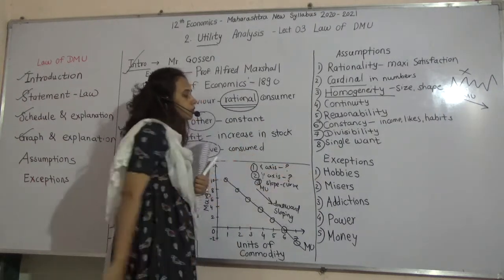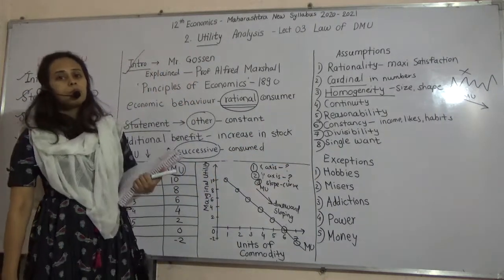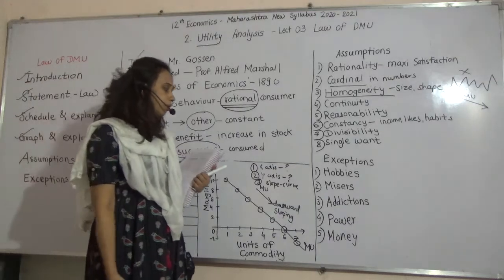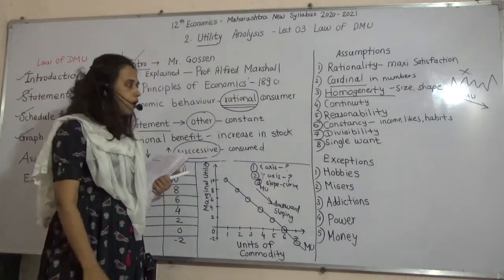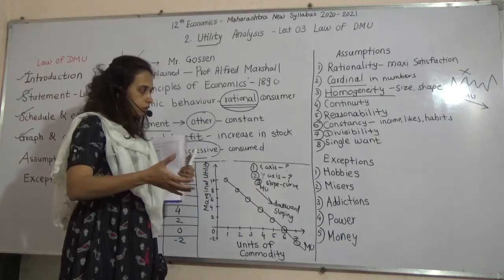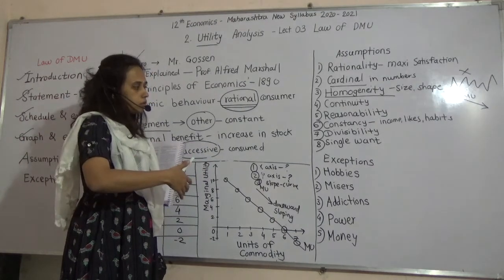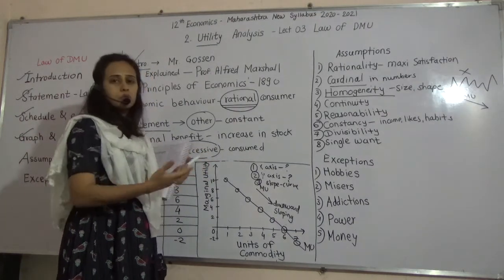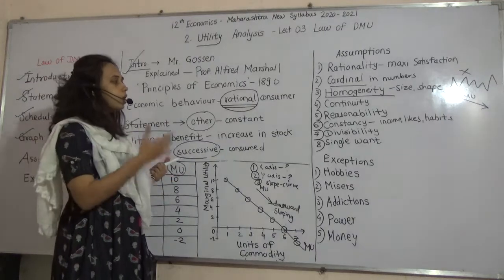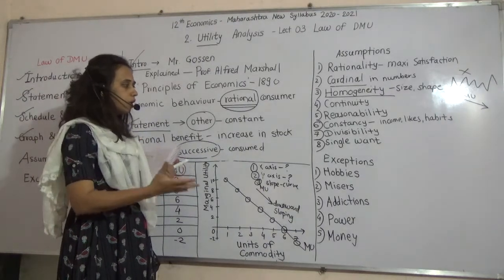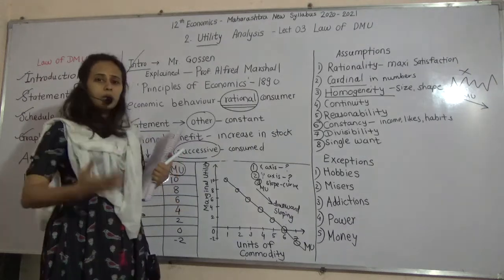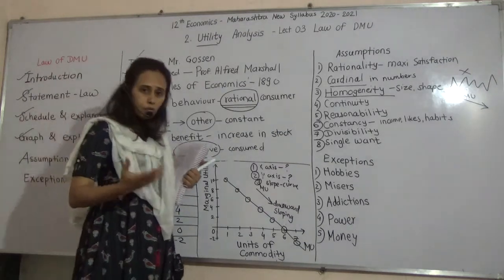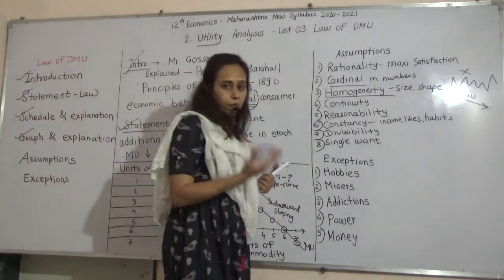So let's see the first, hobbies. For example, stamp collection or reading is your hobby, or listening to music is your hobby. Suppose reading books is your hobby, whenever books are added to your shelf, whenever you are getting more and more books, you will be happy.